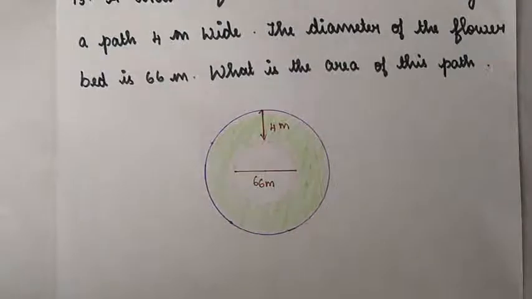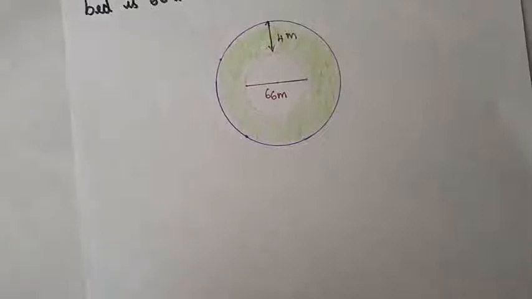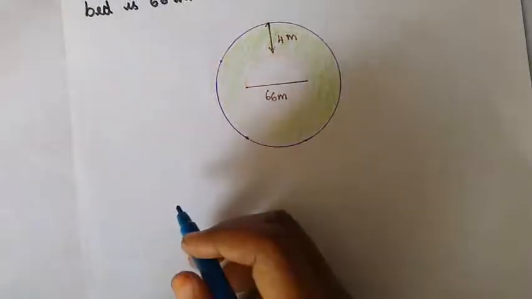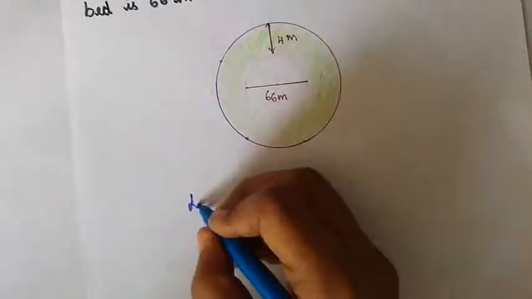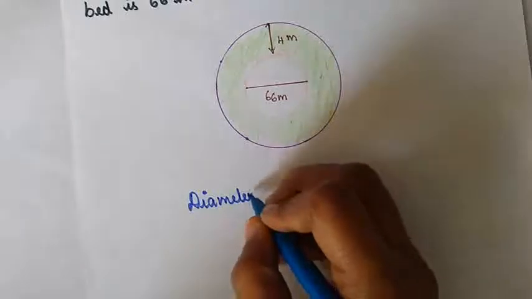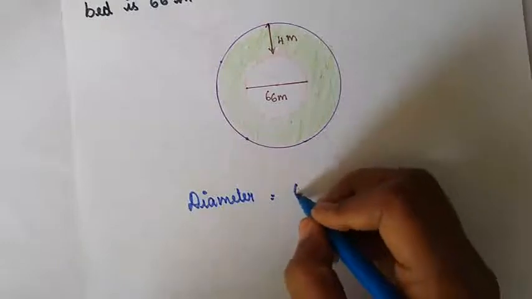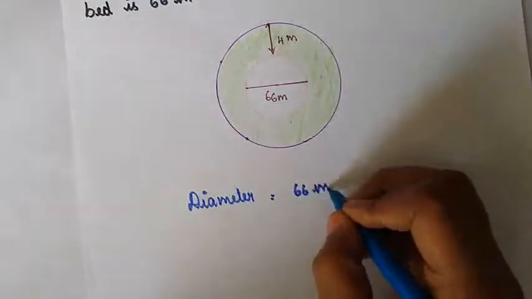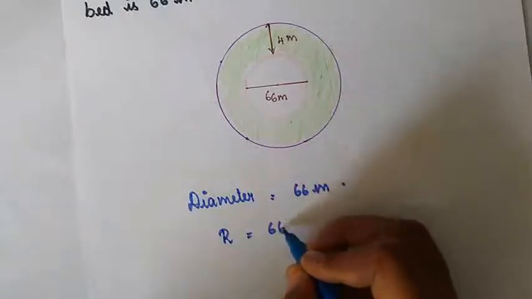So how will we do it? Let's see. Given is the diameter of the inner circle. Diameter equal to 66 meter. We have to find the radius, r equal to 66 divided by 2.